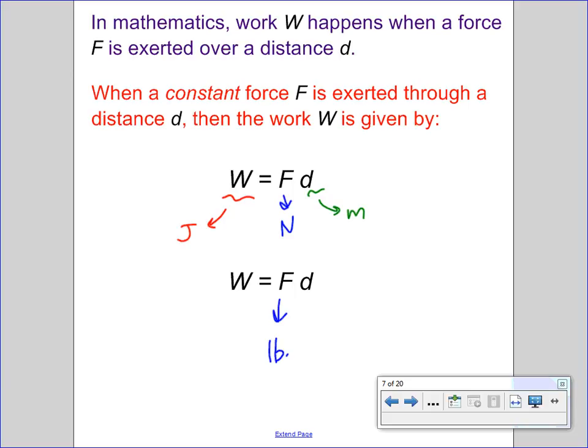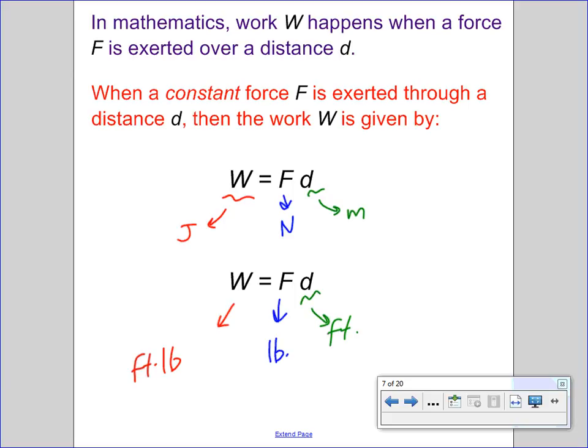Well, here we have our pounds, and then our distance will be measured in feet, and we get the incredibly complex unit for work, foot-pounds. And we'll do an example with each today.